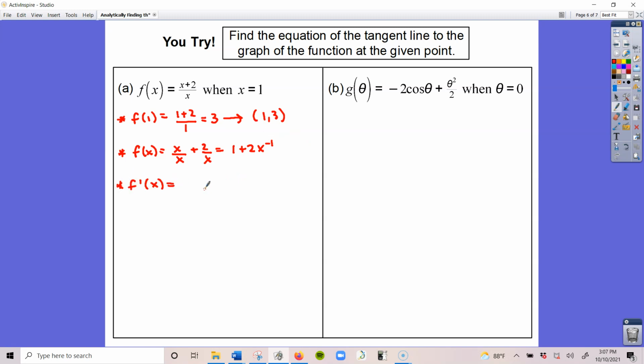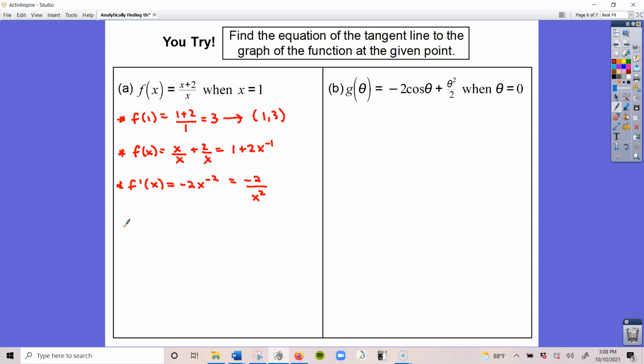So f prime of x is going to equal, the derivative of 1 is 0. The derivative of 2x to the negative 1 would be negative 2x to the negative 2. Now before I can plug in 1, I'm going to need to rewrite it so I only have positive exponents in order for me to evaluate. So this equals negative 2 over x squared. Again, because we have that negative exponent, we bring it down to the denominator.